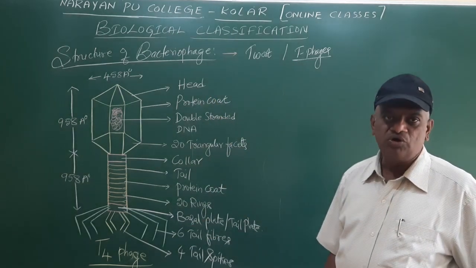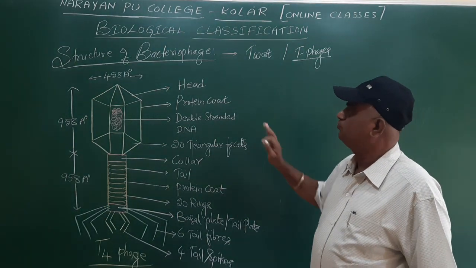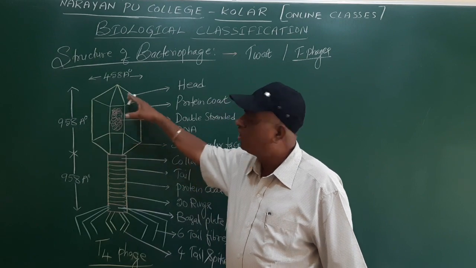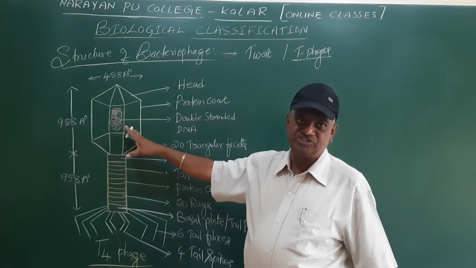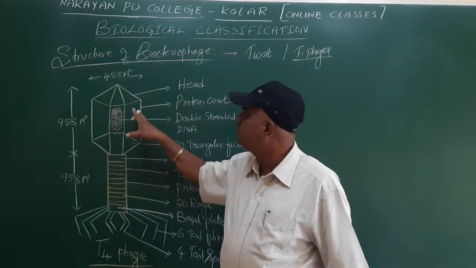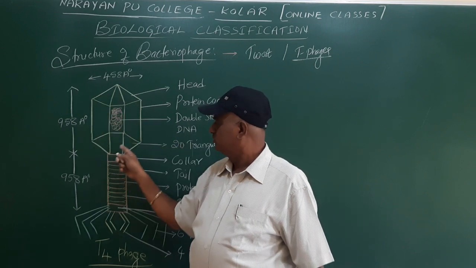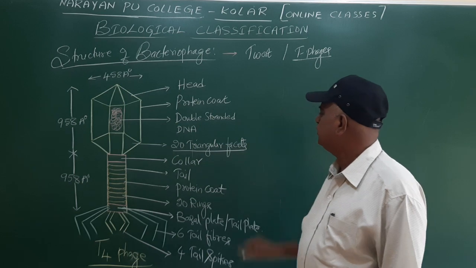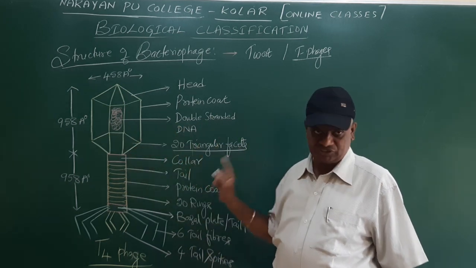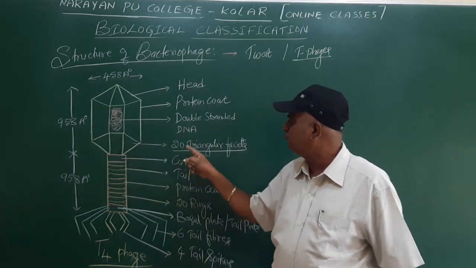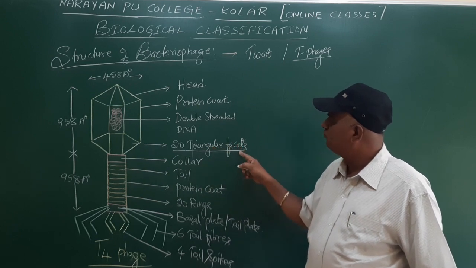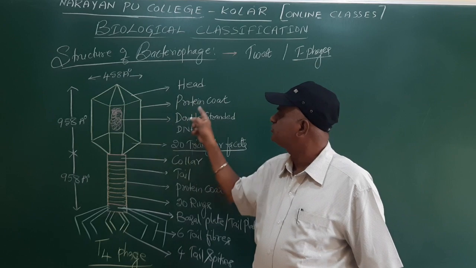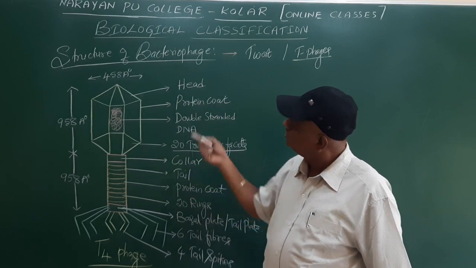Next, we go for the structure of bacteriophage. The bacteriophage has a polyhedral or hexagonal head, and this head is made up of 20 triangular facets made of protein coat.